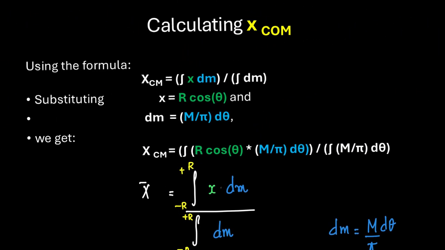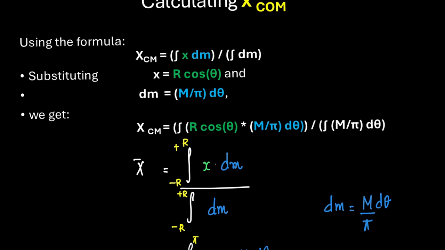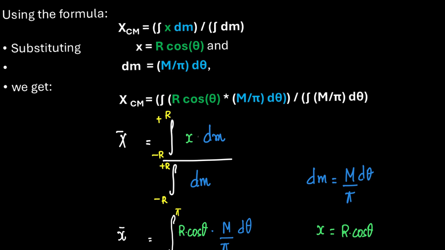Now we can calculate the x center of mass or x bar. How? Because x bar is equal to integral x dm by integral dm. Now, whenever we are discussing continuous functions, we need to specify the limits. We know the limits of x are minus r to plus r, right?